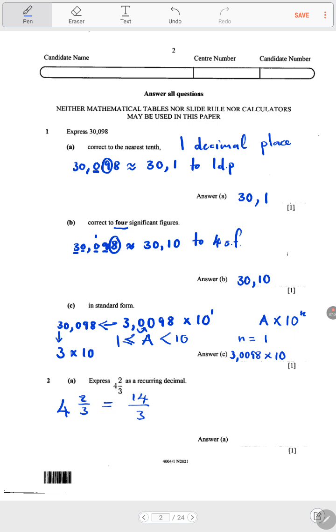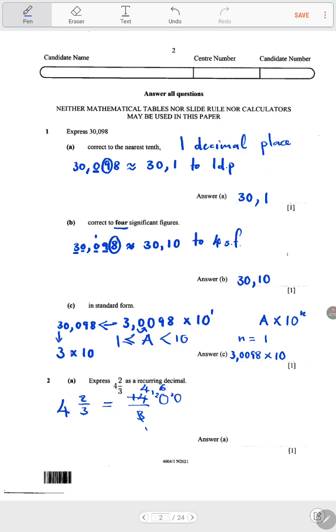And then you say 3 into 3, that's 1. 3 into 14, that's 4. A remainder 2, and then you put a 0. Then you say 3 into 20, you get 6, because 6 times 3 is 18.